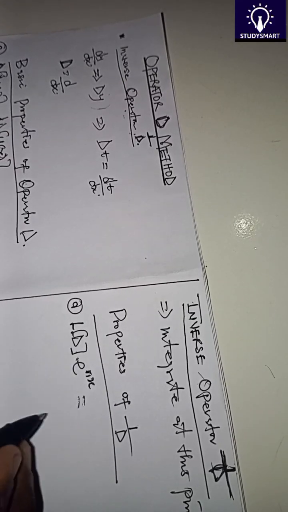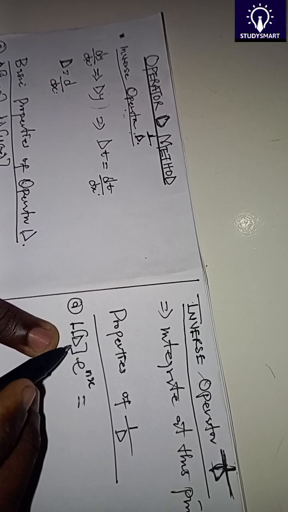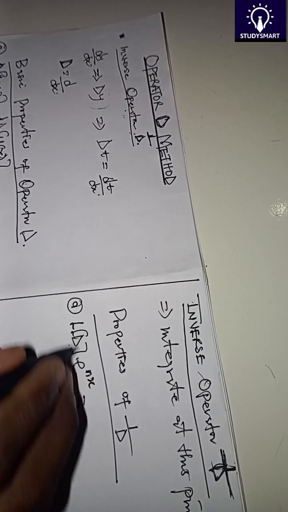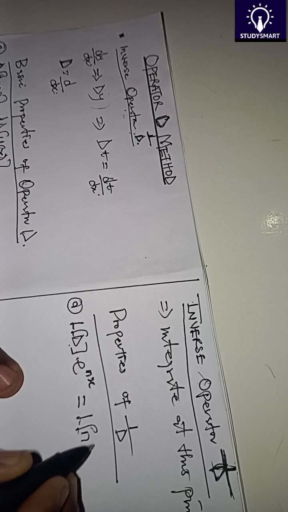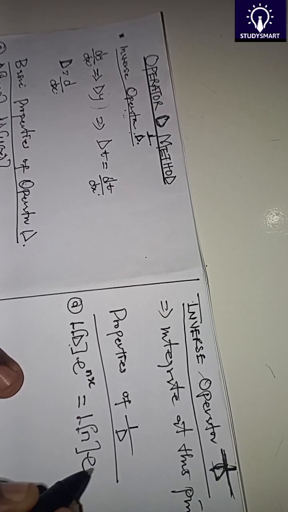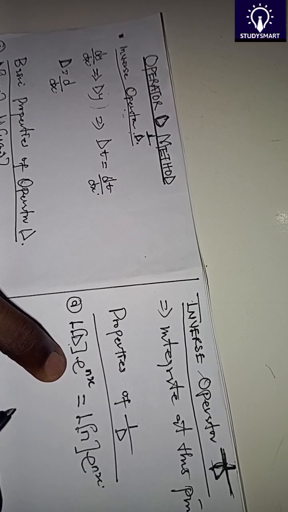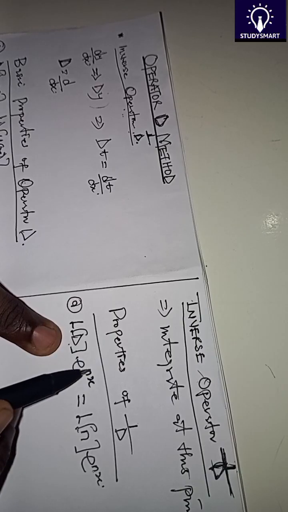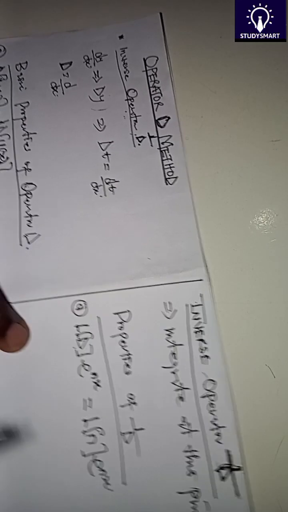So from this property, I'm going to replace D here by n. It means that this property becomes L of n, and I still have this function, exponential nx. If you see something like this, all you need to do is replace the D by n, and then repeat every other function.